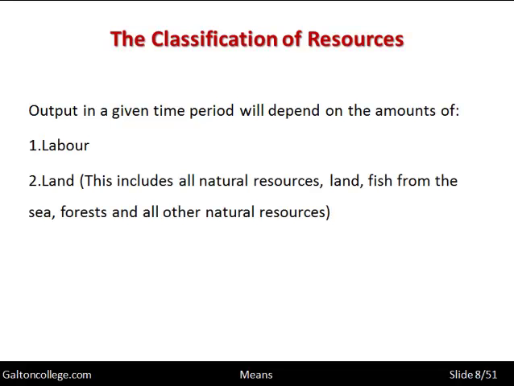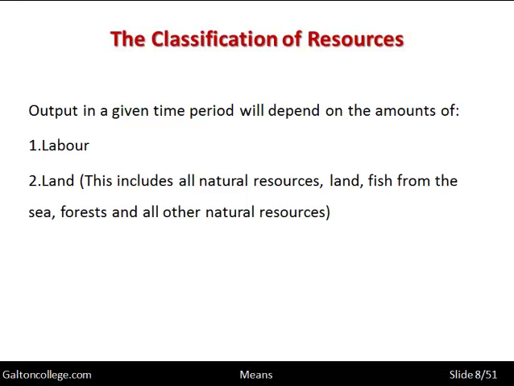Next, we could have land. Land is all natural resources, not just land as we classically think of it, but land could be fish in the sea or forestry, or all natural resources are land. We classify them as land. So we have two types of resource. We have labor at the moment, that is the active resource, the one that makes the things that we want, and land, all the natural resources that we can use.